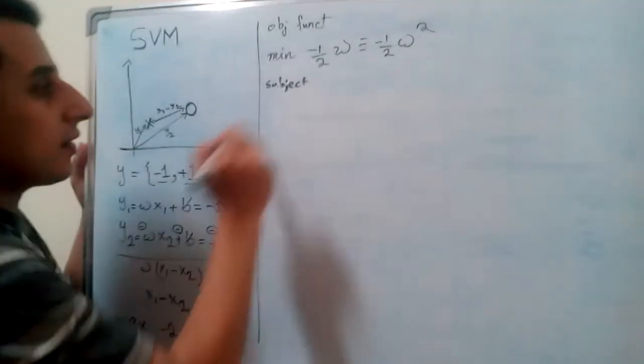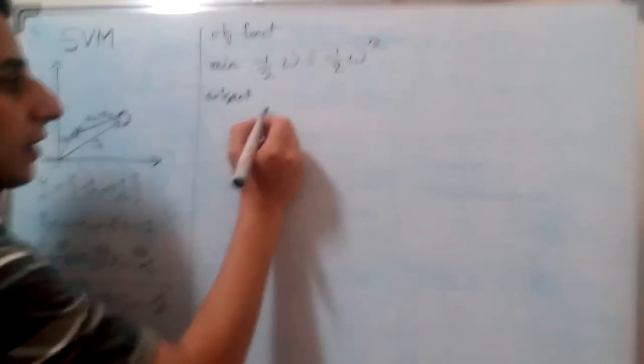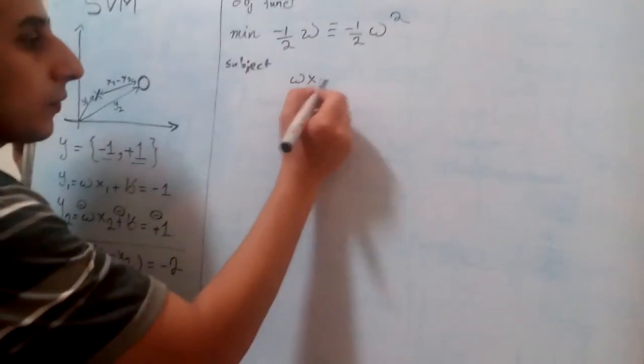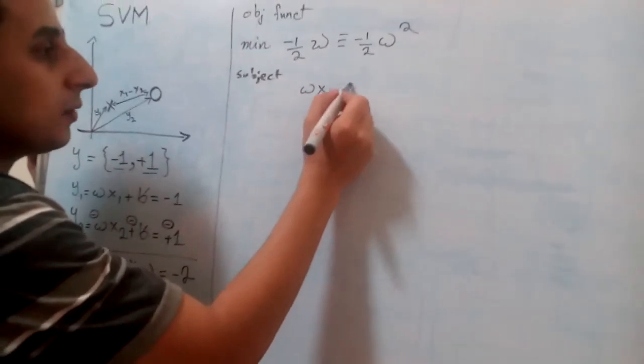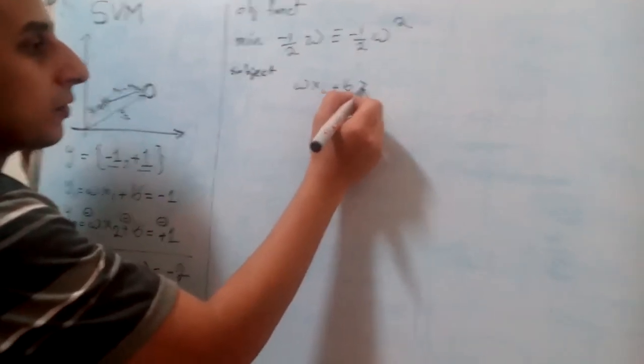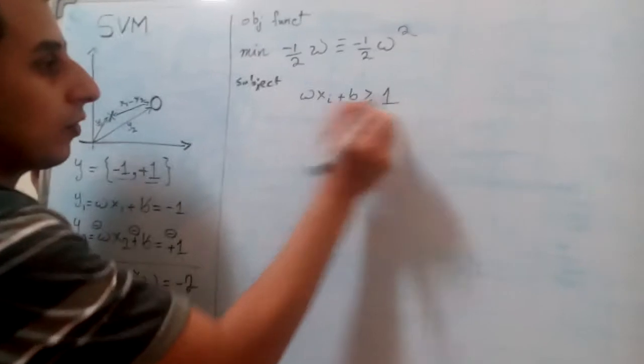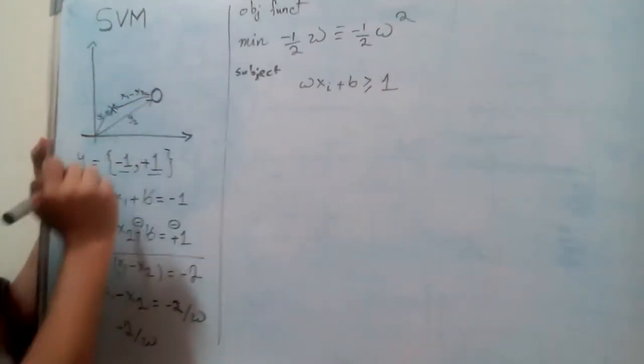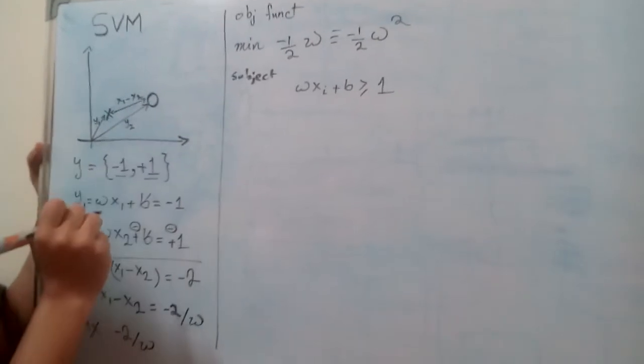How can we represent that? We would say that omega xi plus b should be greater than 1 for every sample that belongs to the second class. How about the other one? How do we get the negative one?